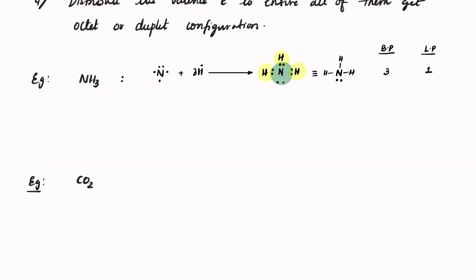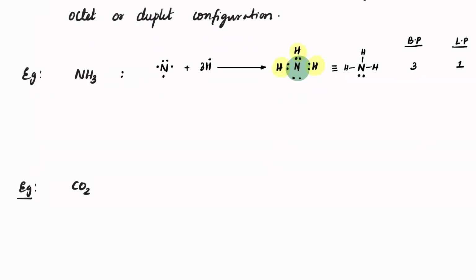Another way is to calculate the valence electrons of nitrogen, which is 5.